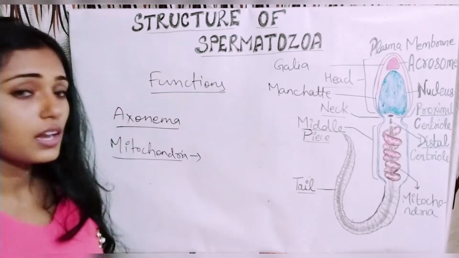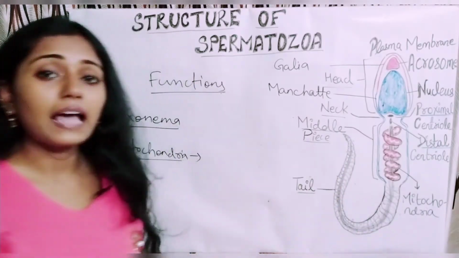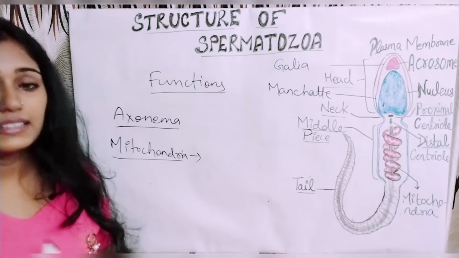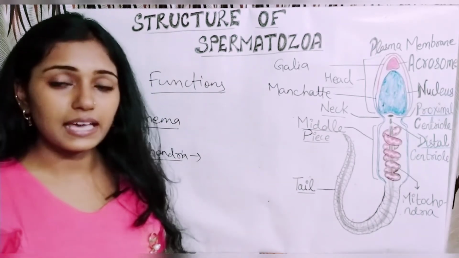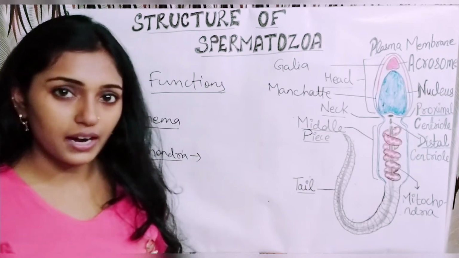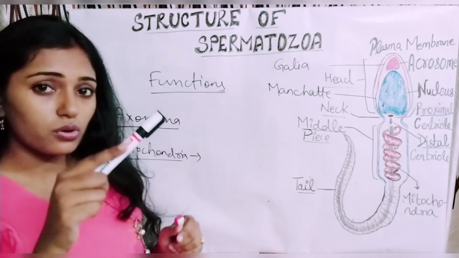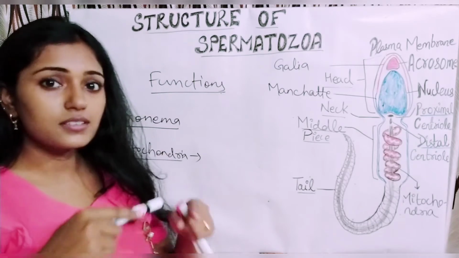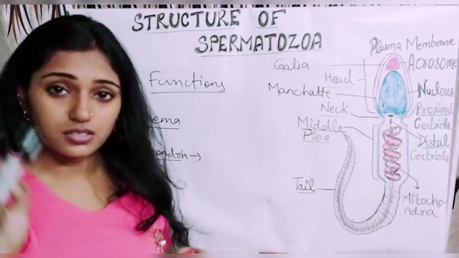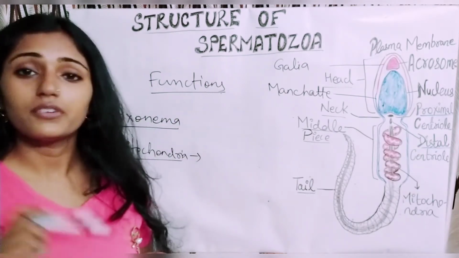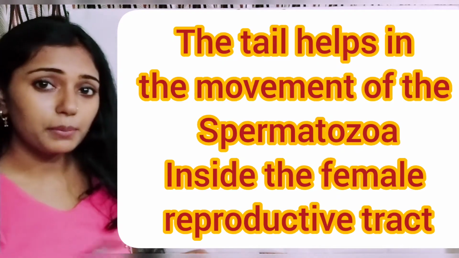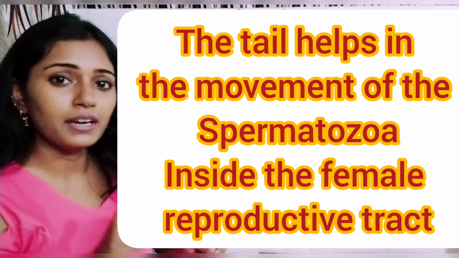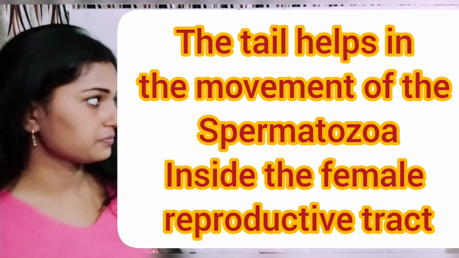The last one is the tail, and the tail is the flagella that helps in the movement of the spermatozoa inside the female reproductive tract, so that it goes through the vagina, cervix, uterus and enters the fallopian tube for fertilization. The tail helps in the beating movement, and by beating movement the spermatozoa moves.